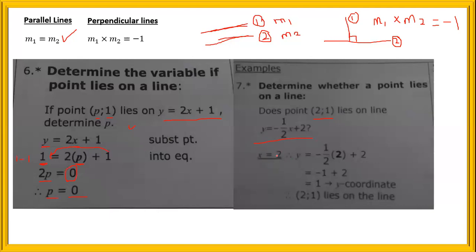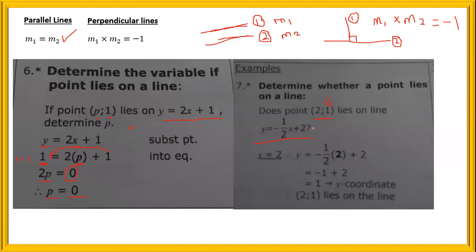You need to substitute in the value of x into your equation. Okay, when you do that, you want to see what y value you will get. You want to know the corresponding y value that you're going to get, right? So the corresponding y value that you're going to get should be this one here. It should be 1.